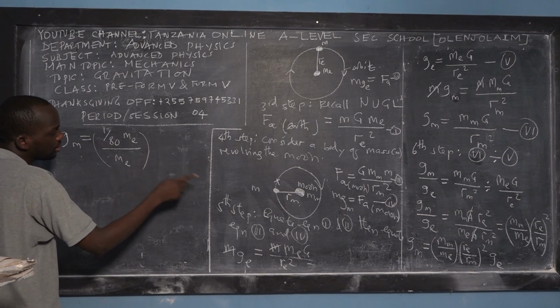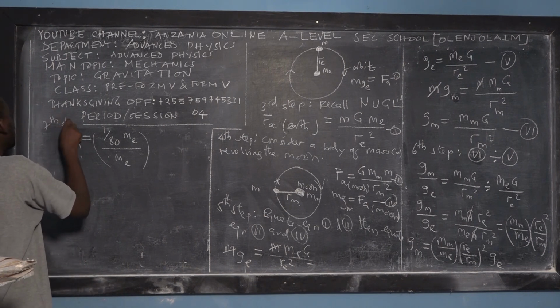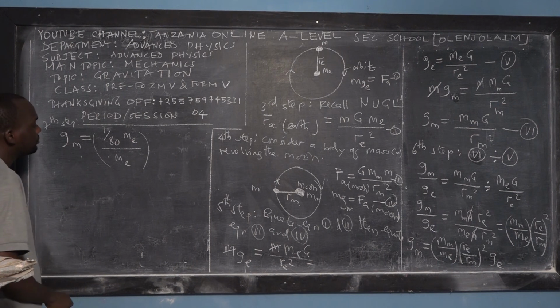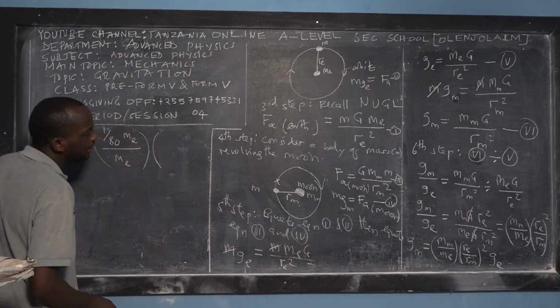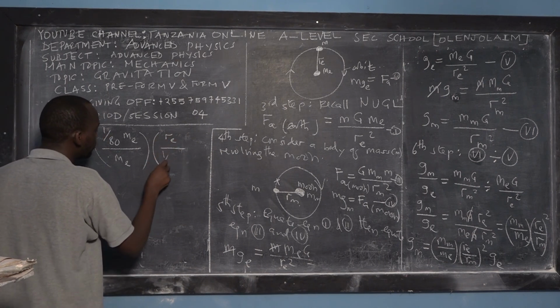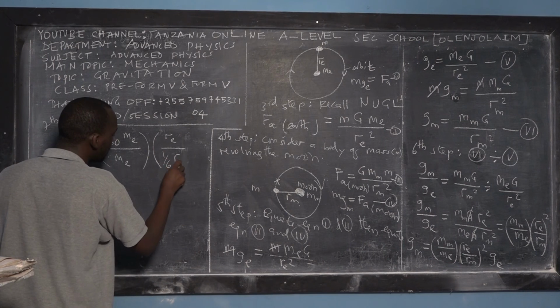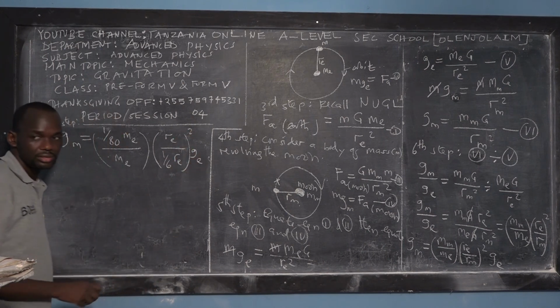So this is the seventh step, where we are computing now. And then we see the radius of the Earth as numerator, and the radius of the moon, which was 1/6 the radius of the Earth, squared, times the gravitational constant of the Earth. Right?